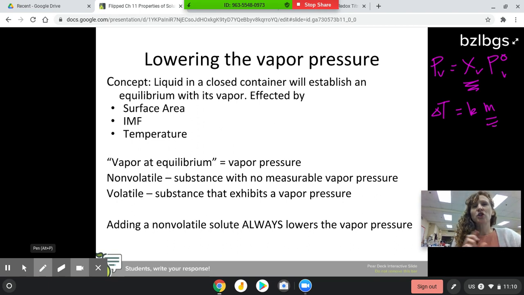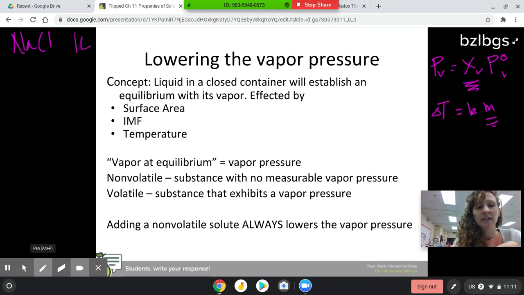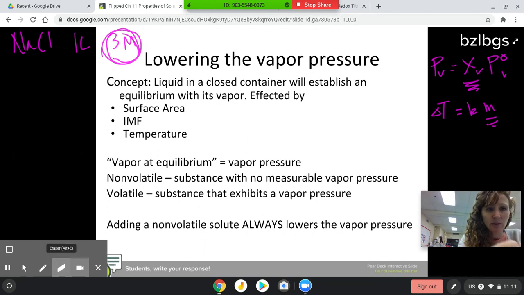So let me show you the difference between looking at concentration in terms of a compound and looking at concentration in terms of ions. So let's go back to our crowd favorite, sodium chloride, right? Let's say we have 1 liter of 3 molar sodium chloride. Let's back up.